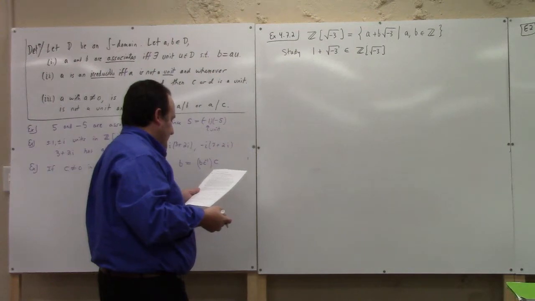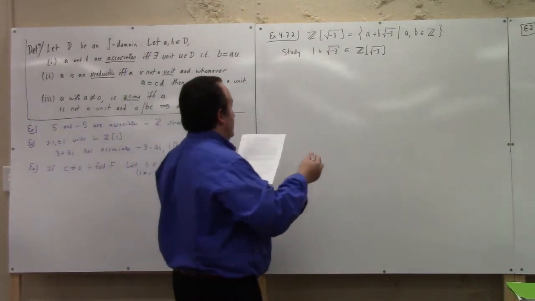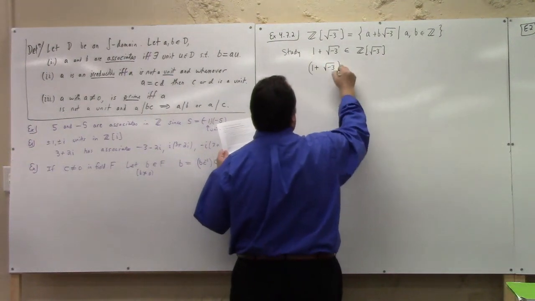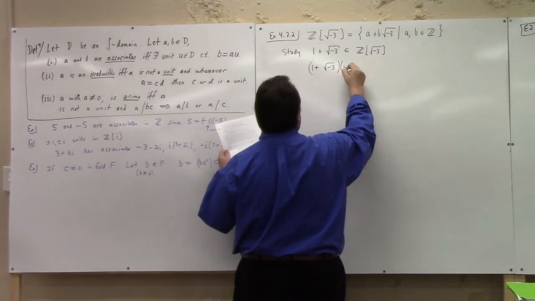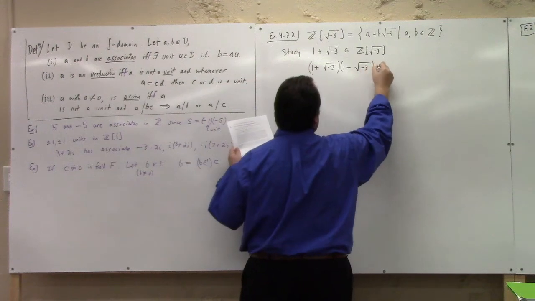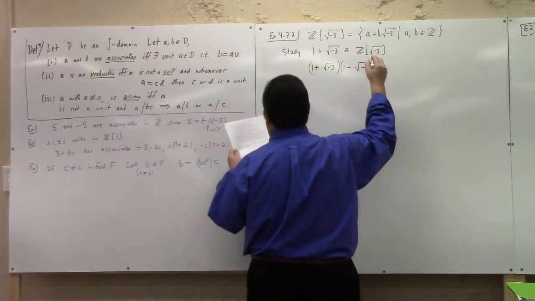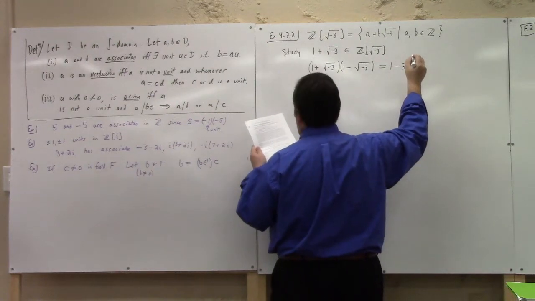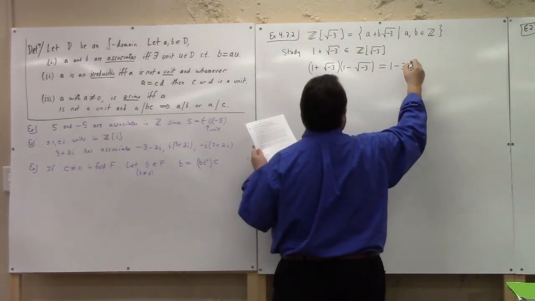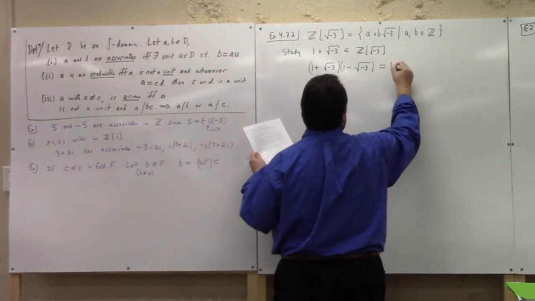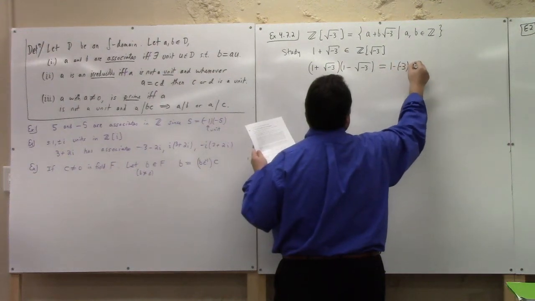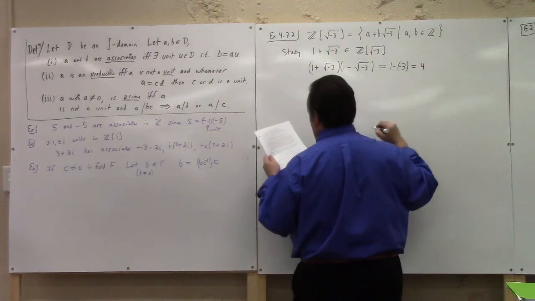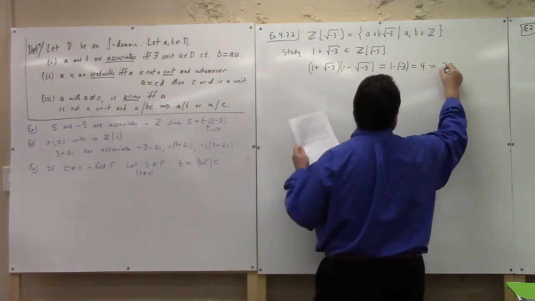Let's see here. If we look at 1 plus the square root of -3 times 1 minus the square root of -3, what's that equal to? 1 minus -3, rather, I've lost a minus here. So not 2, but 4, which, by the way, is 2 times 2.